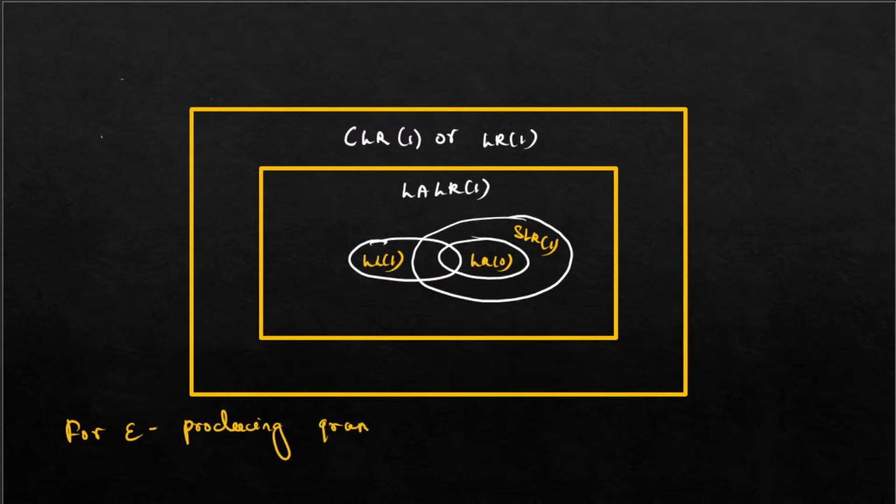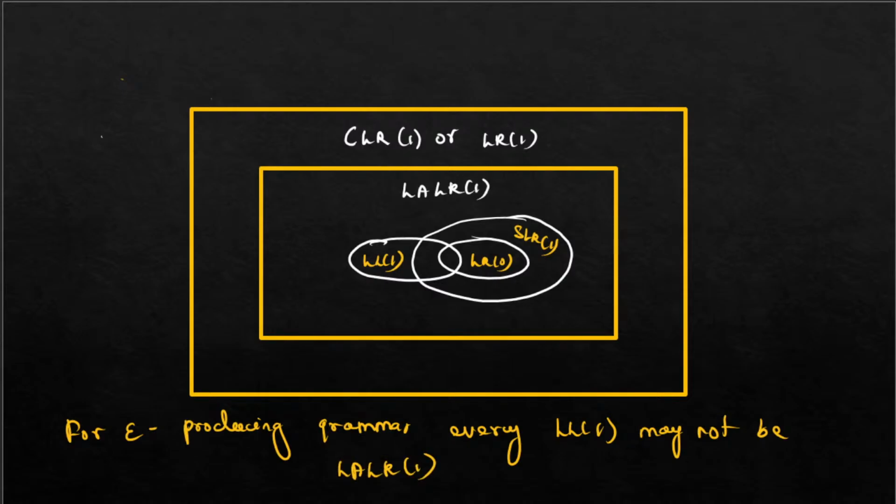Okay, so for epsilon producing grammar, every LL1 may not be LALR1. And the note is you cannot construct any parser for ambiguous grammar.